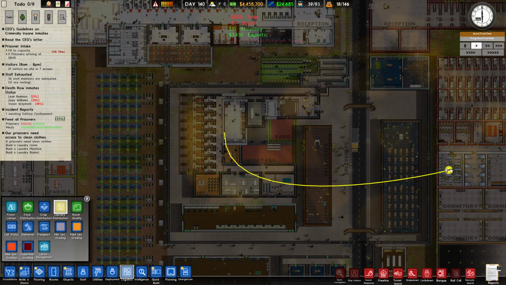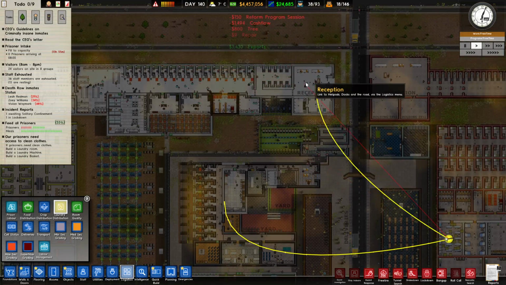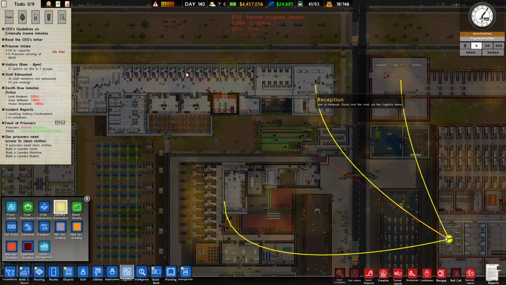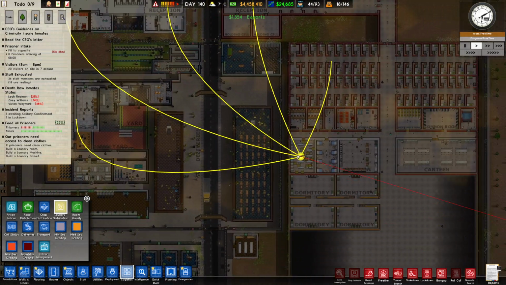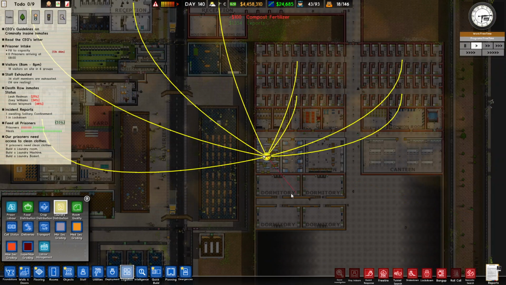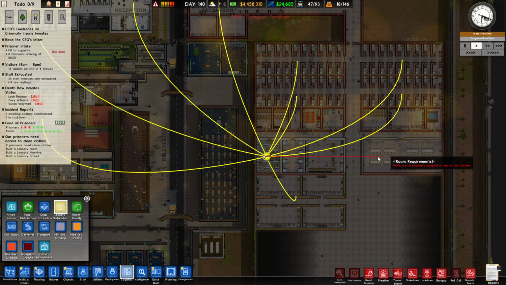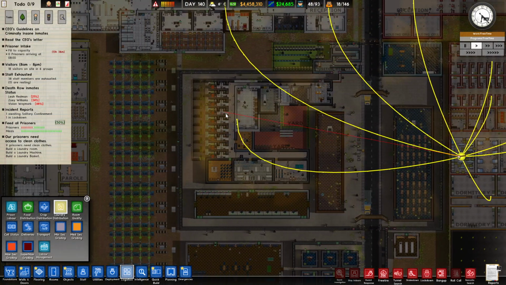Hold shift and do the other blocks. So, reception, block, block, block, and dorm. They're all in, yeah. Have I missed anyone out?